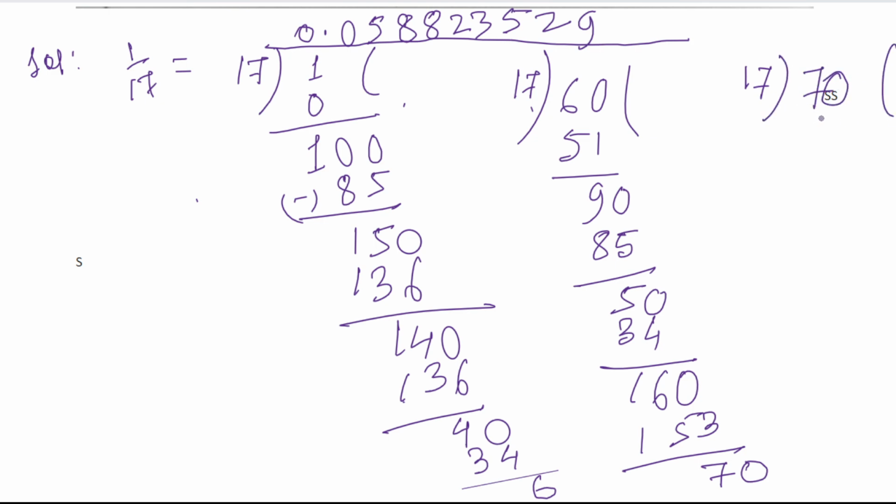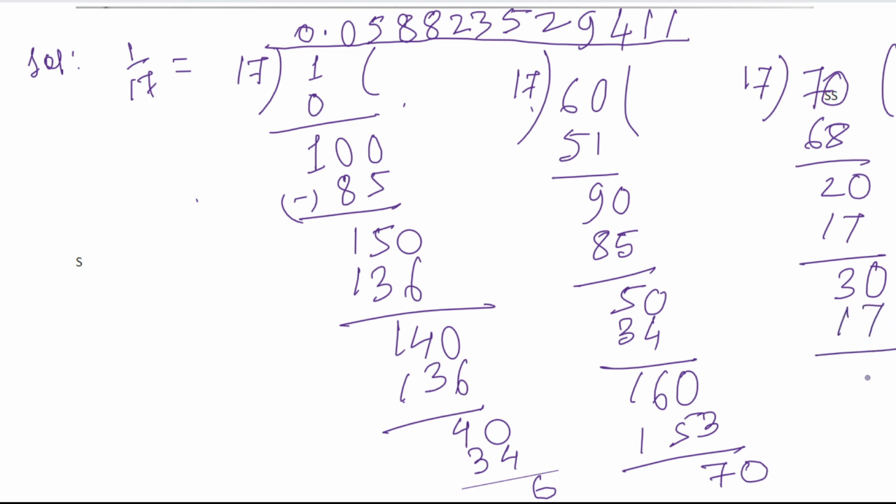Okay, so 4 times. 17 into 4 is 68. 2, 0 free. 1 time. 17 and 30, 0 free, again 1 time. 1 into 17 is 17. 13, again a 0 free.